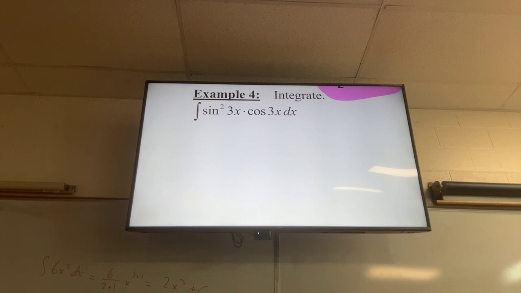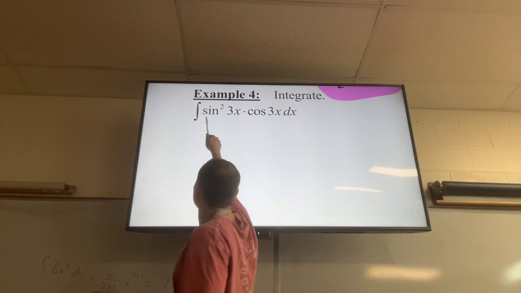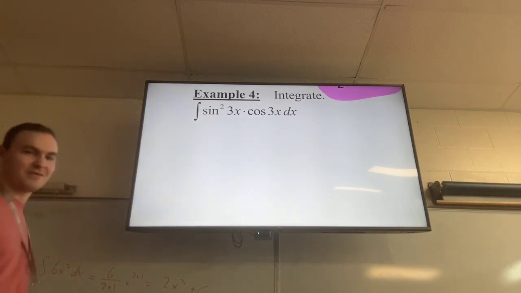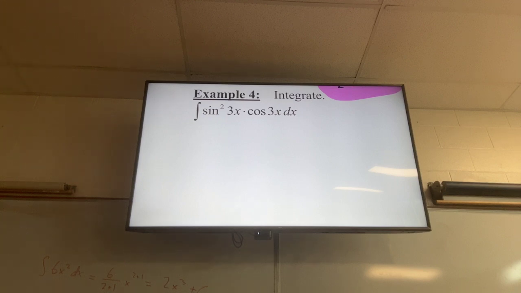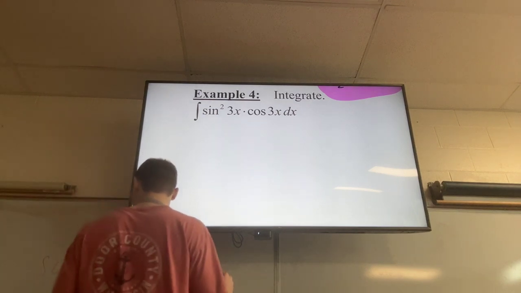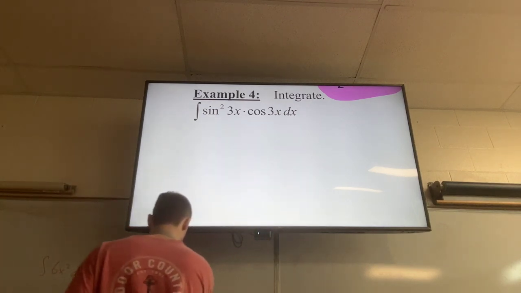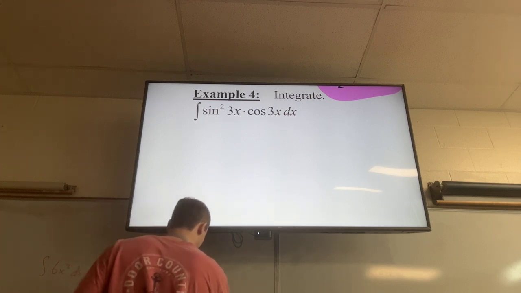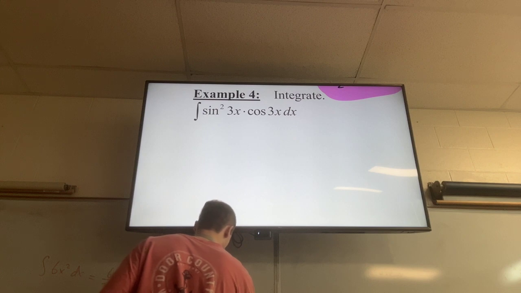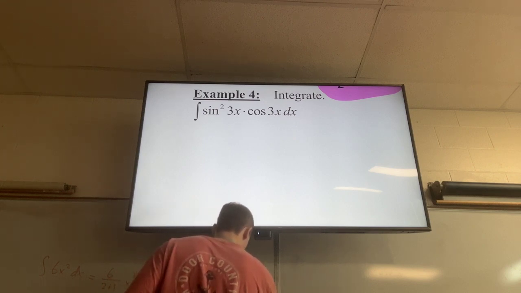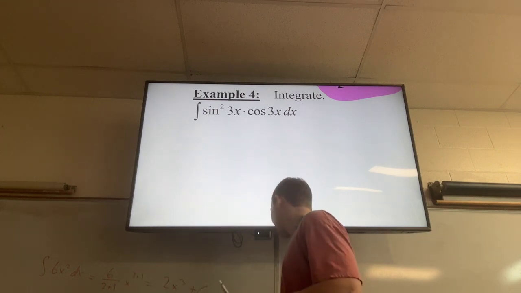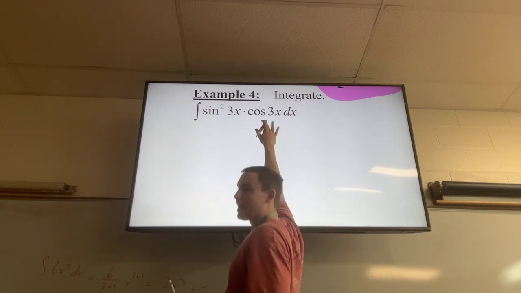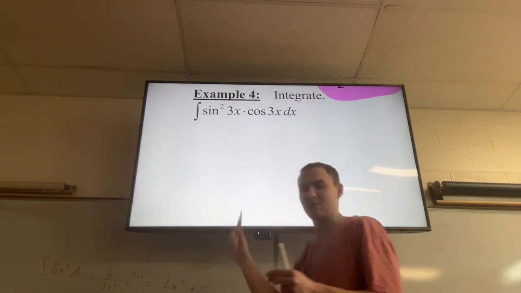So I've got a sine 3x, right? That's a function, it's inside. Technically, sine squared of 3x is just fancy notation for sine of 3x squared. So you've got a function inside parentheses, with its antiderivative right outside, cosine 3x.